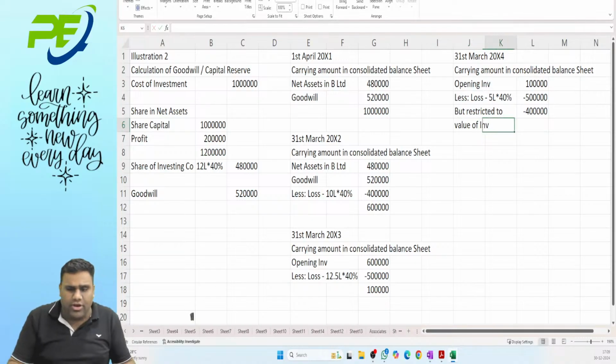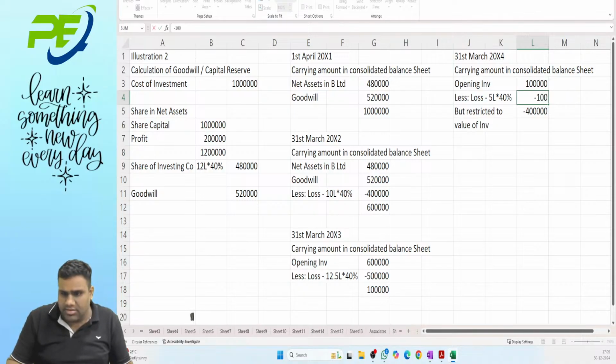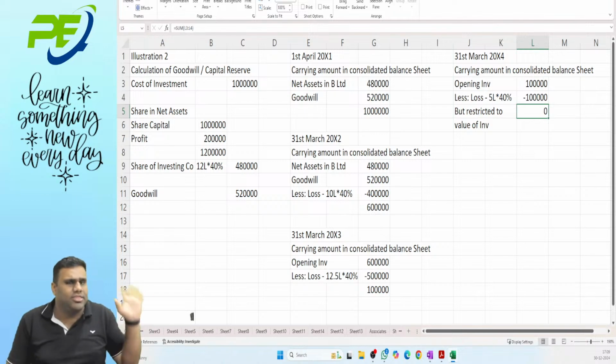It cannot go beyond my investment. So less 1 lakh. So in my balance sheet it will be 0.